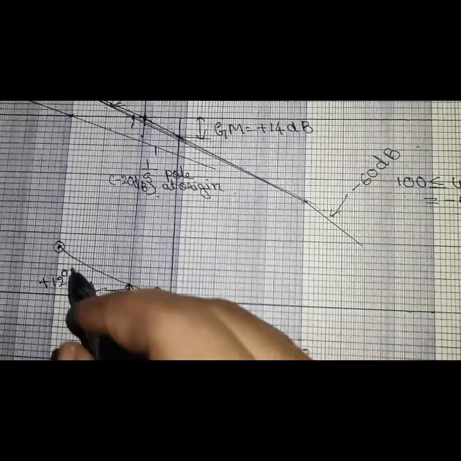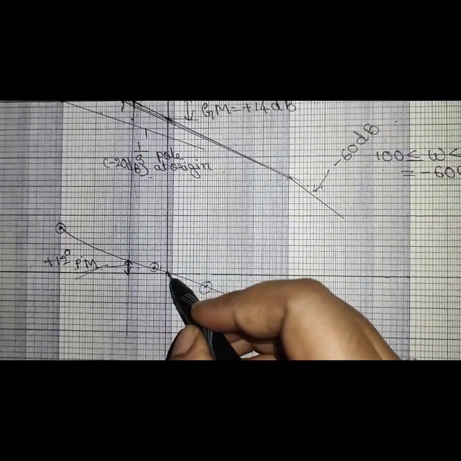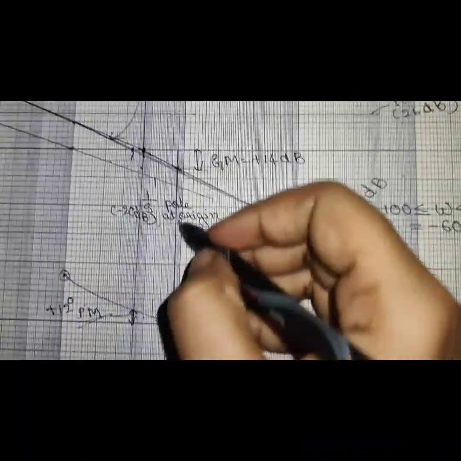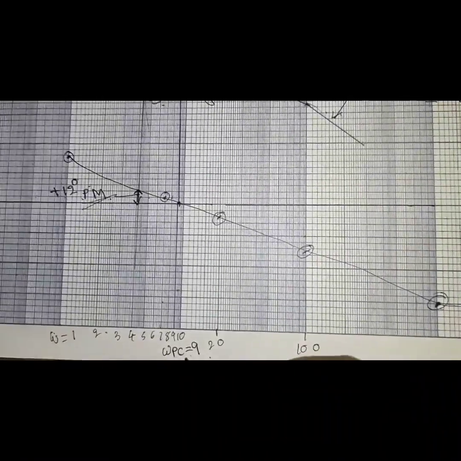Similarly, where this phase angle graph crosses the 180 degree line, there also you need to mark and put a straight line. Then you will get the value of omega PC, the phase crossover.